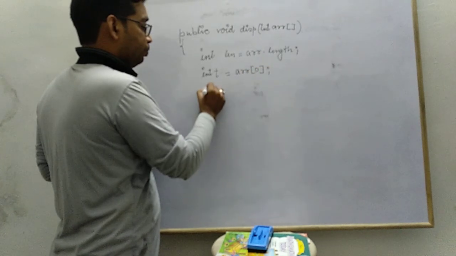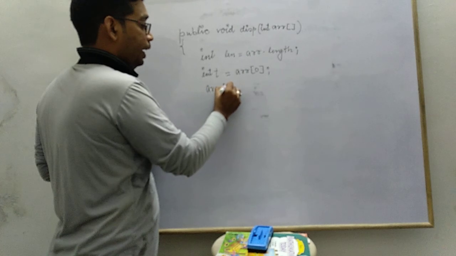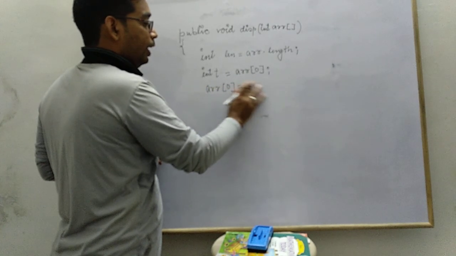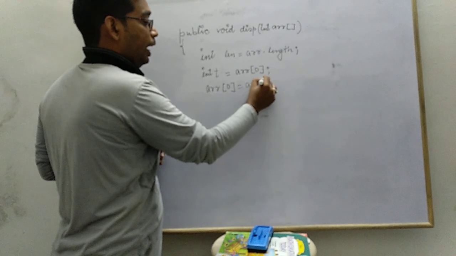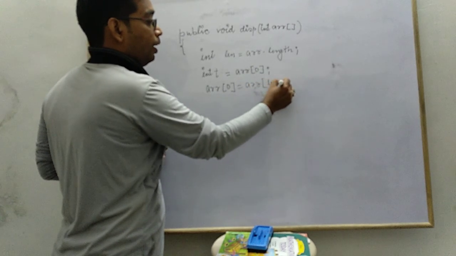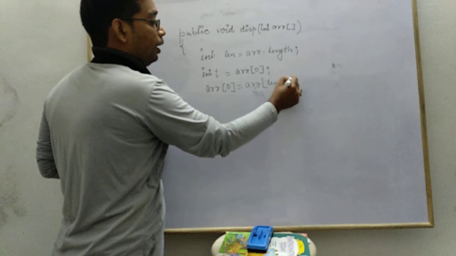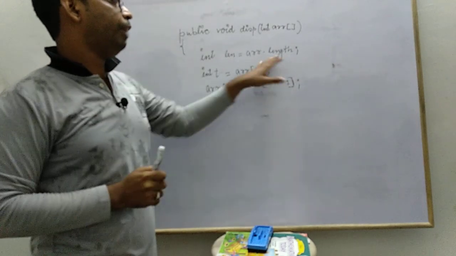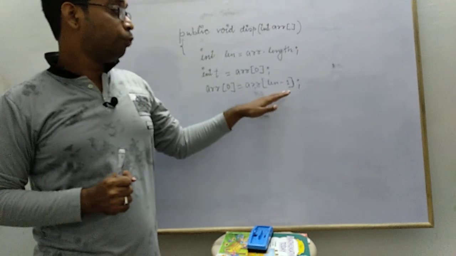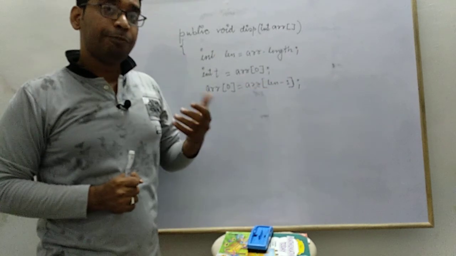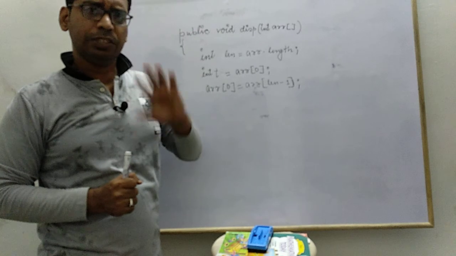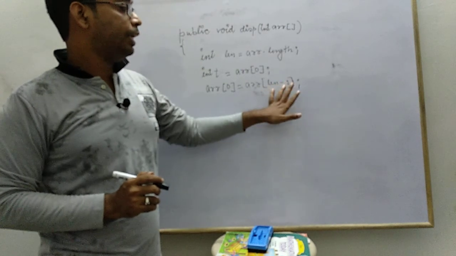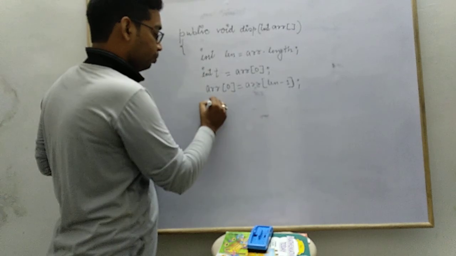Now array 0 equals array length minus 1. What is length minus 1? Suppose the length of the array is 5, so 5 minus 1 is 4. So array 4. Why array 4? Because we are beginning from the 0 place. So 0 to 4, the length is constant, that is 5. So length minus 1.